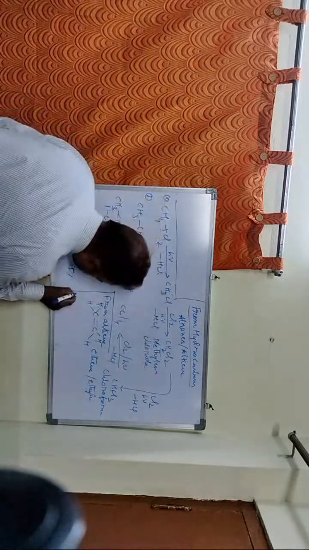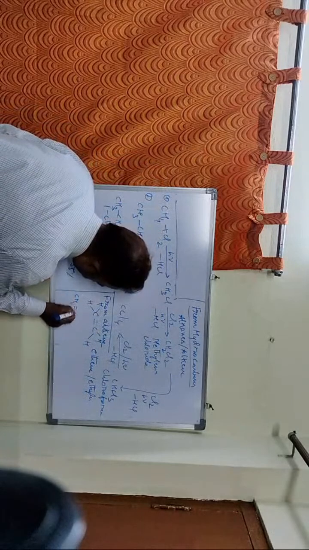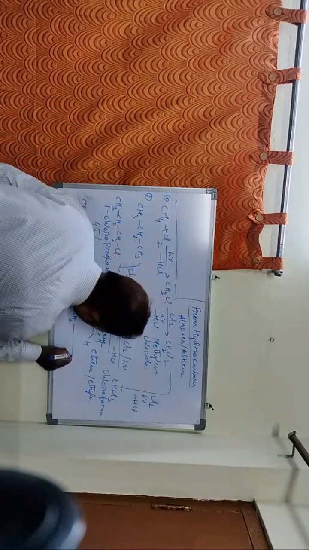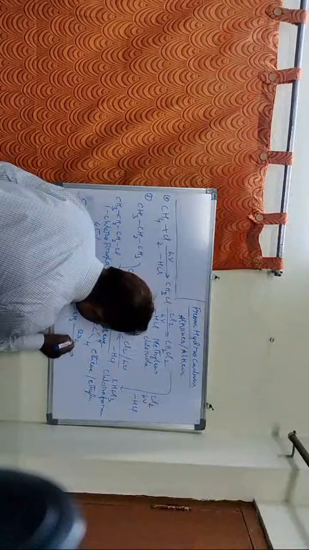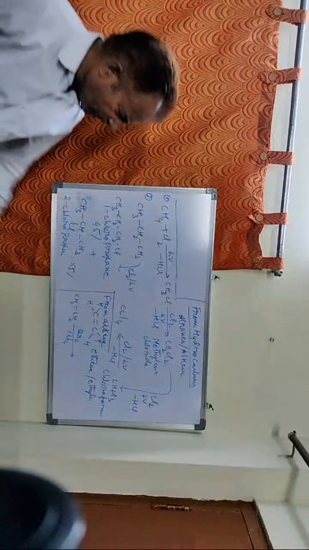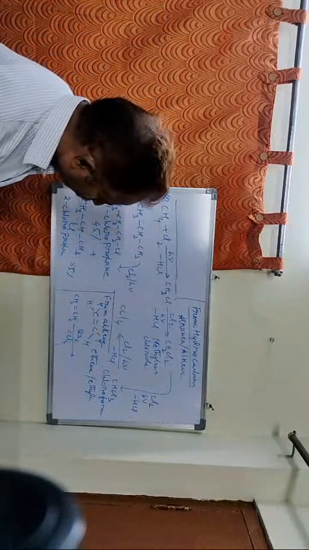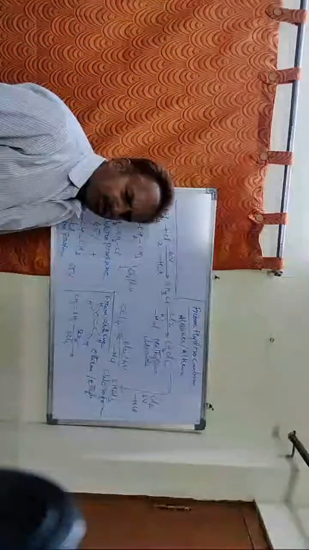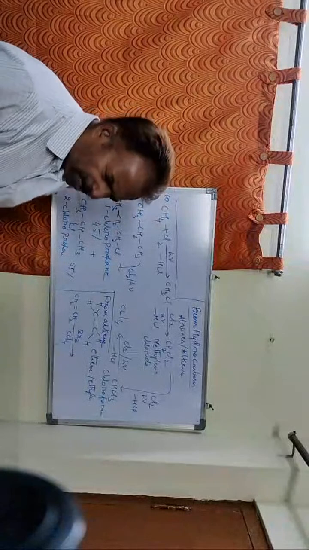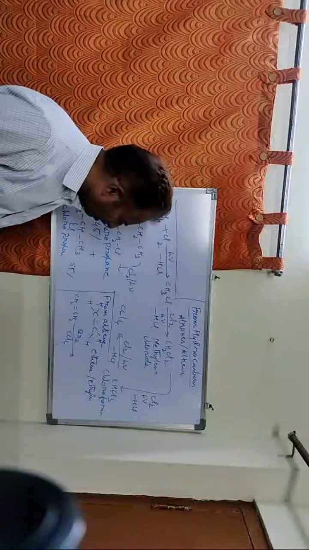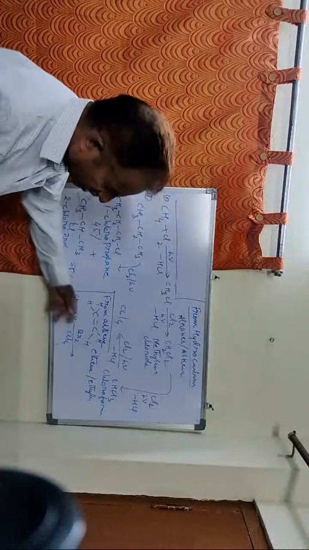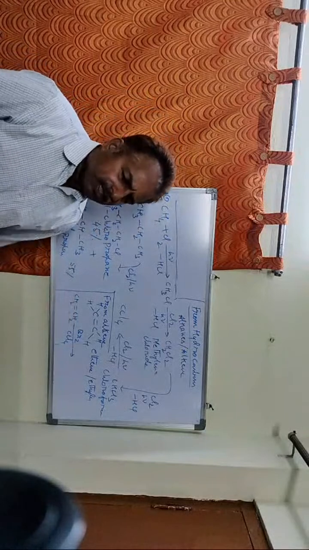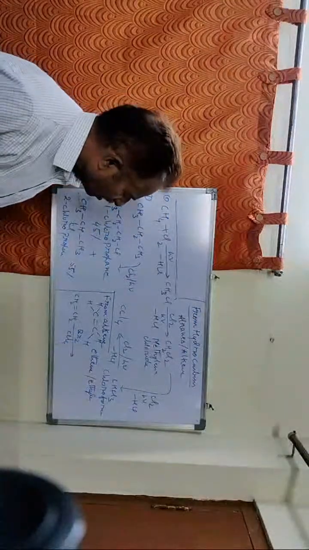Now this is CH2=CH2. Bromine is added in the presence of CCl4. CCl4 is a liquid, carbon tetrachloride. Initially the bromine is dissolved in the carbon tetrachloride. CCl4 is a colorless organic liquid. When reddish brown bromine is dissolved in it, the CCl4 becomes reddish brown.